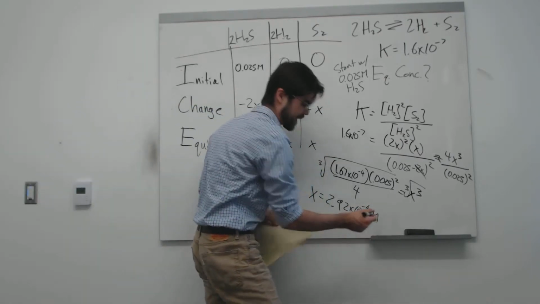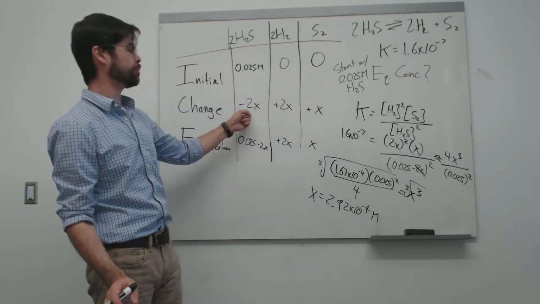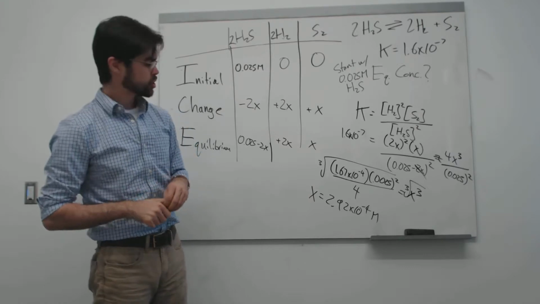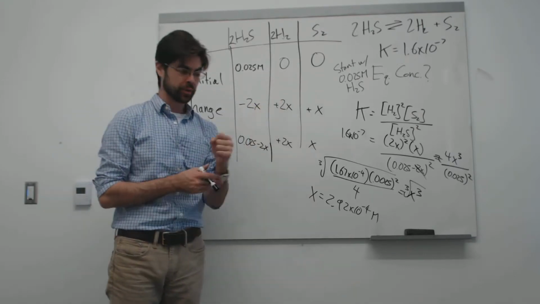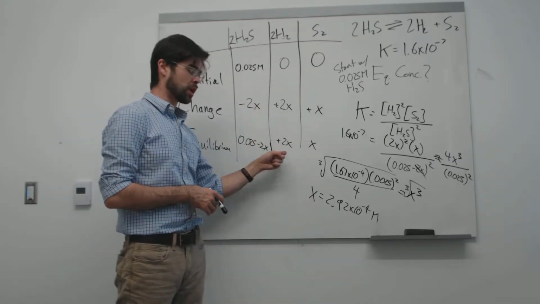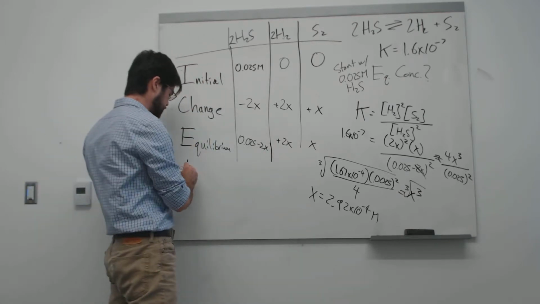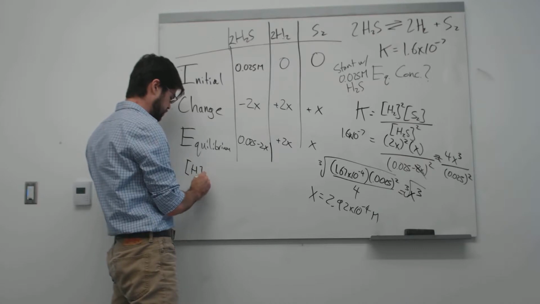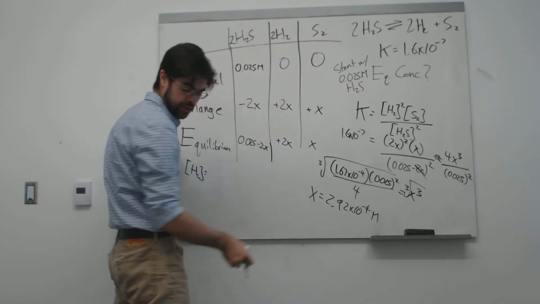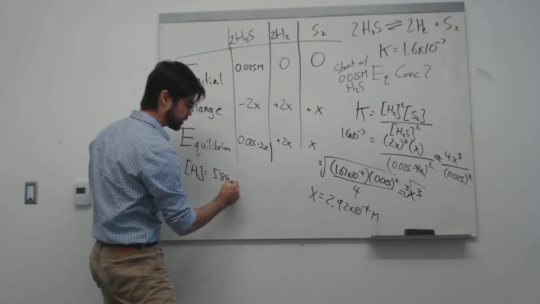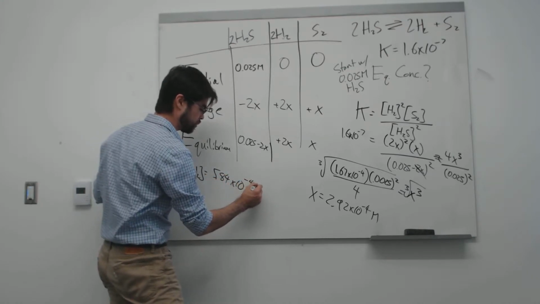Again, what is x? x is how much the equilibrium concentrations changed. If you want to calculate the equilibrium concentrations, you still need to solve for them. So the concentration of the hydrogen gas should be twice this, so that ends up being 5.84 times 10 to the negative 4 molar.